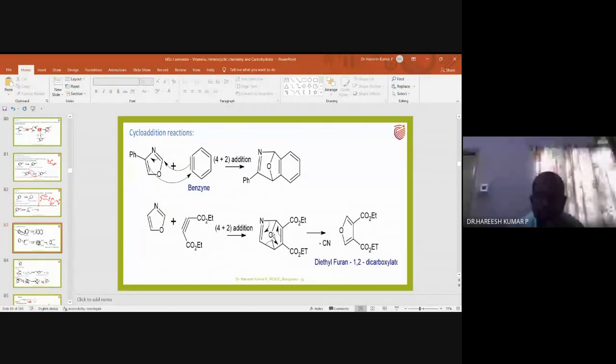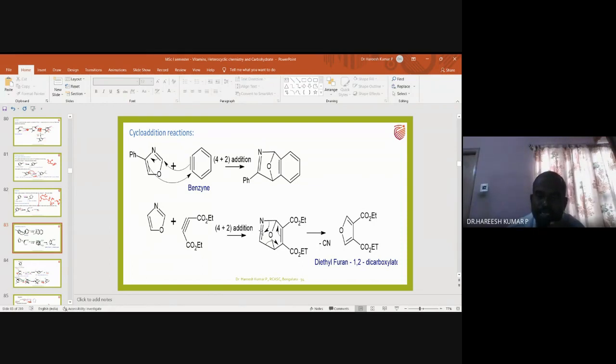So from these two reactants to this product is a 4 plus 2 cycloaddition. From here to here, it's an electrocyclic reaction. This bond pair is coming over here, this bond pair will come over here, and this bond pair will come to here.